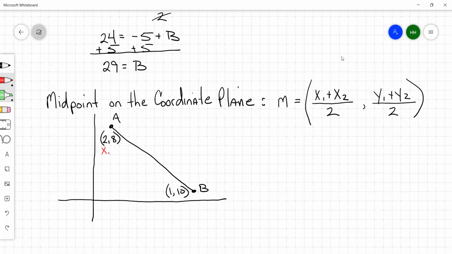Just go here. Here's my x1 and my y1. And here's my x2 and my y2. Then it's just a matter of substitution. So my midpoint is going to be at, I got 2 plus 1 divided by 2. And then I got 8 plus 10. I'm going to divide that by 2.